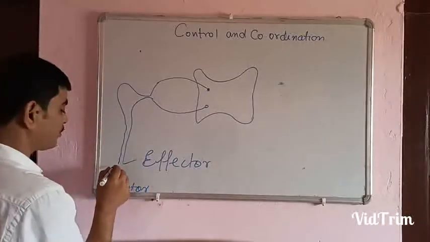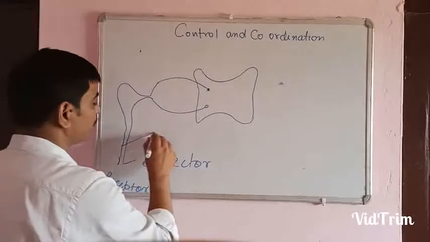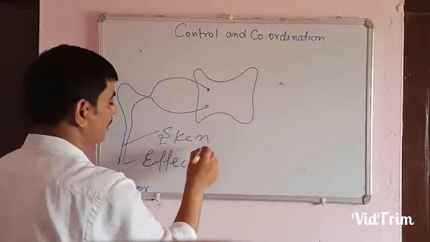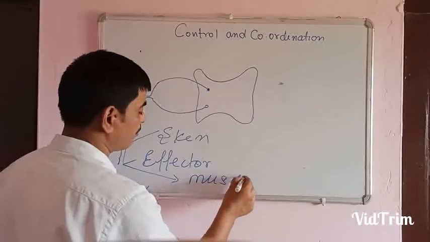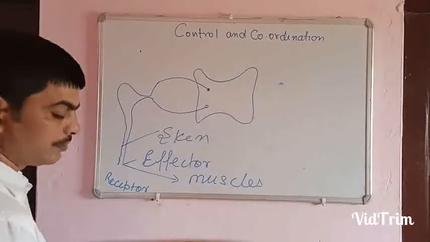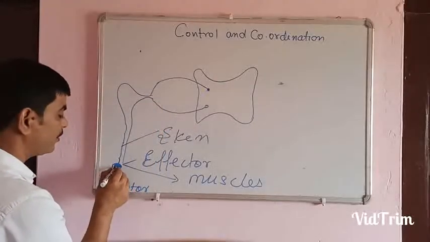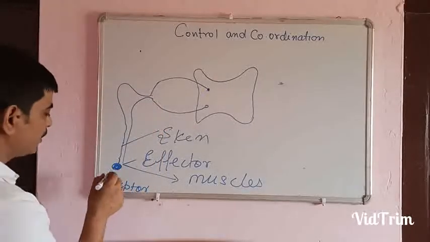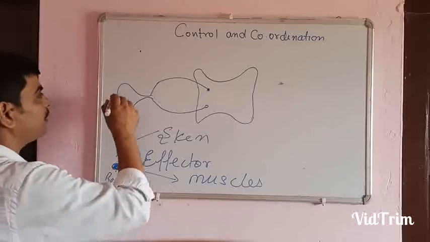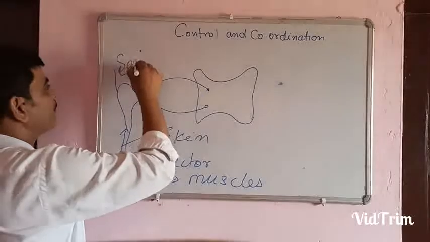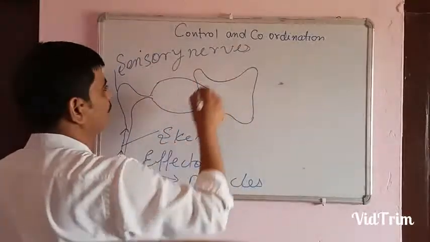This goes to the skin. This is showing the skin, and this one is in contact with the muscles. Now see what actually happens. Whenever any stimulus is sensed here, these receptors send the information, and this is the sensory nerve or sensory neuron.